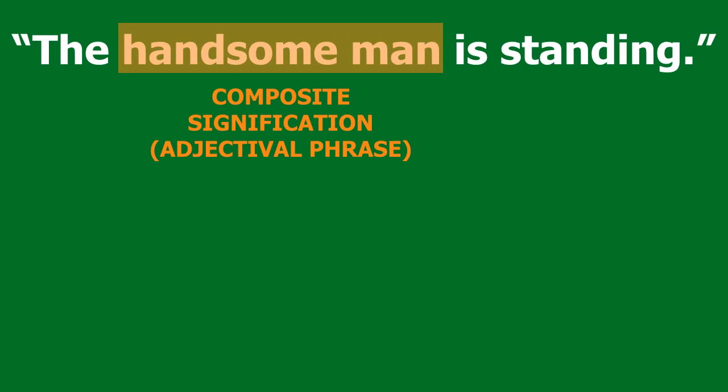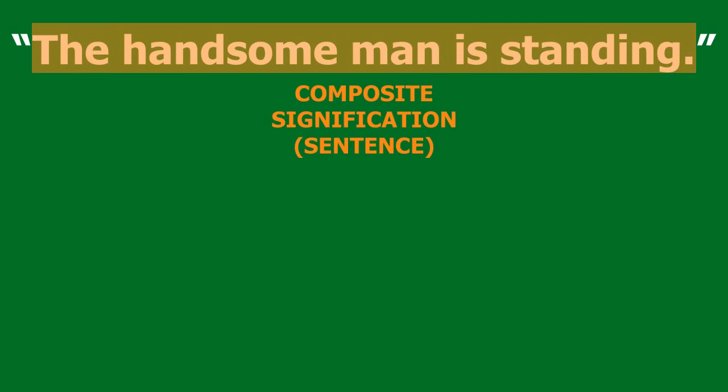This kind of composite expression in English grammar we call an adjectival phrase, and this adjectival phrase is then composed with everything else in the sentence to make the whole sentence, which also has composite signification, a different kind of composite signification than the phrase. And this kind of composite signification is called a sentence or a sentential signification.